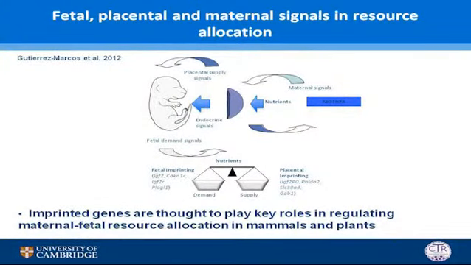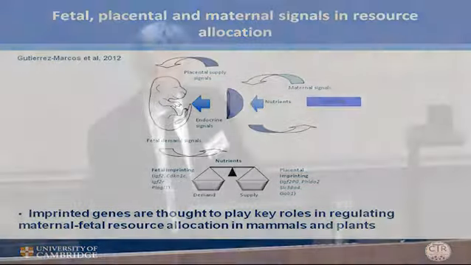And there are imprinted genes involved in here which are playing very important key roles in this balance between supply and demand. So this is a dialogue which has evolved really to try and ensure maximum development of the fetus, but also to preserve the well-being of the mother.